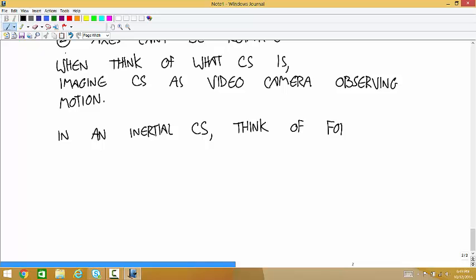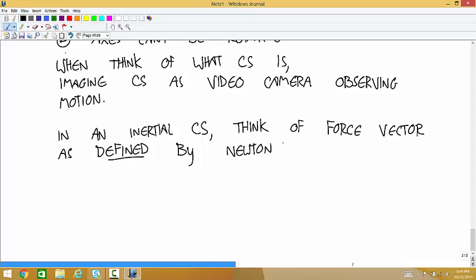Think of a force vector as defined by this equation called Newton's second law. And we're gonna use Newton's second law all the time. I'll abbreviate it N2L, Newton's second law.